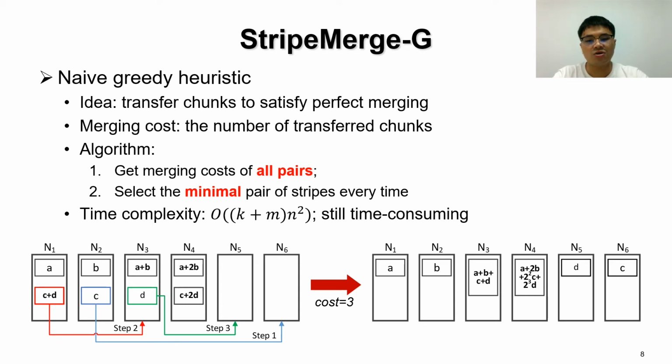Here's a simple algorithm: you get the merging cost of all pairs and then select the minimal pair of stripes every time. So we get StripeMerge-G. As you can see, the time complexity is reduced to O((k+n)^2)... but according to our experiment, it may be time consuming in some cases. So can we further improve the greedy heuristic?